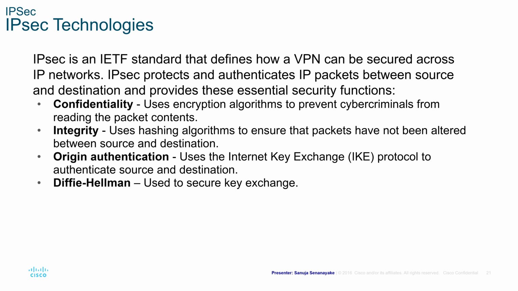So during transit, if there is some kind of altering of the data, IPsec would be able to pick that up. Origin authentication uses the Internet Key Exchange, also known as IKE protocols, to authenticate source and destination. So it provides that type of origin authentication support.